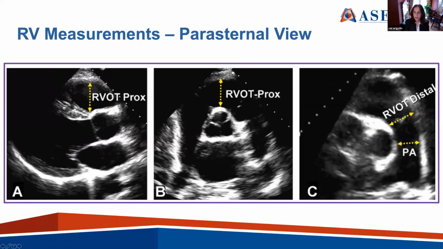And then in this short axis view, we can also measure the distal RVOT. So these are other places that we can measure the right ventricle. These are good to confirm that the apical 4-chamber off-axis dedicated RV focused view measurement is correct, given again some of the limitations in measuring the right ventricle, as I mentioned earlier.